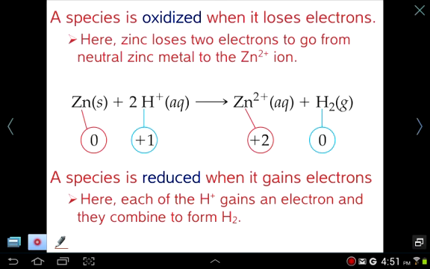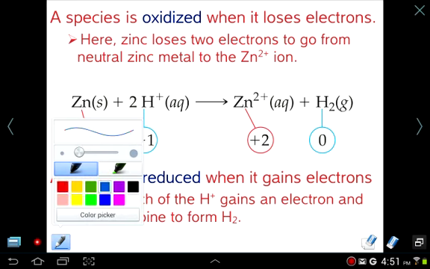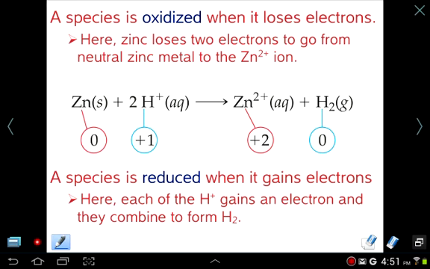Anytime a species is oxidized, oxidation is by definition the losing of electrons. Now, the reason we call it oxidation is that historically it was connected to oxygen. Any substance that bonded to oxygen actually lost electrons, and those electrons went to the oxygen.